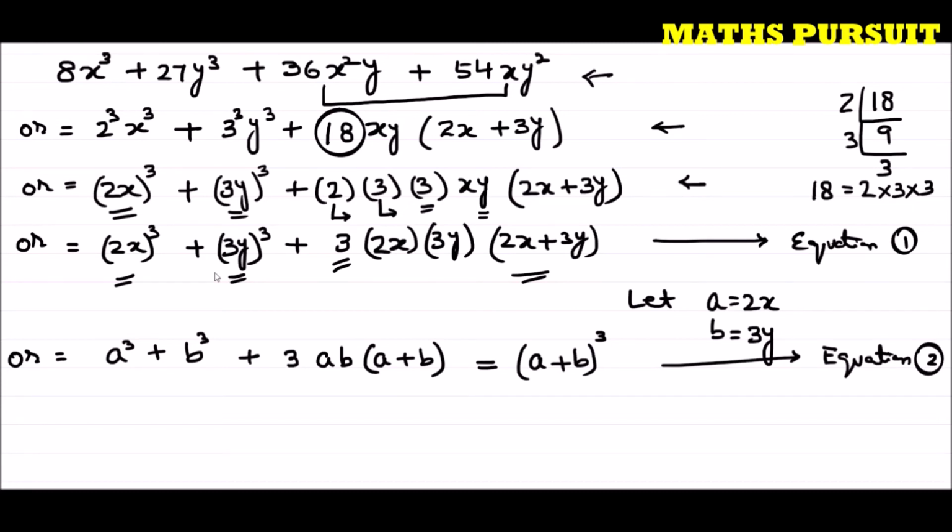So we got one identity, a to the power 3 plus b to the power 3 plus 3ab into a plus b, which is nothing but a plus b to the power 3. Now I have named one as equation 1 and the second last line as equation number 2.